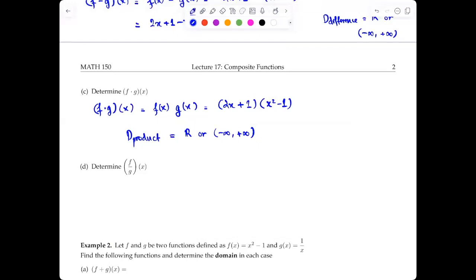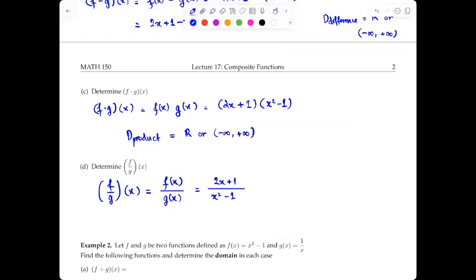Next one is the quotient function. You have f over g of x is equal to f of x over g of x, or you have 2x plus 1 divided by x squared minus 1.